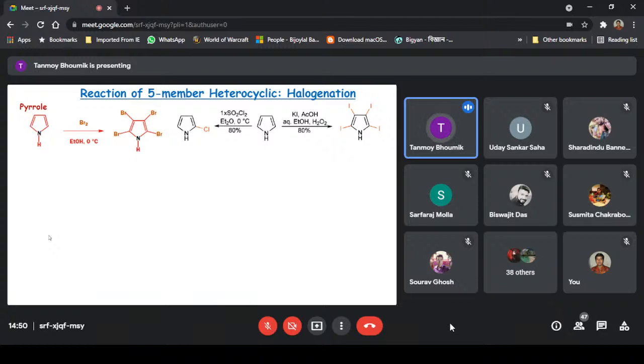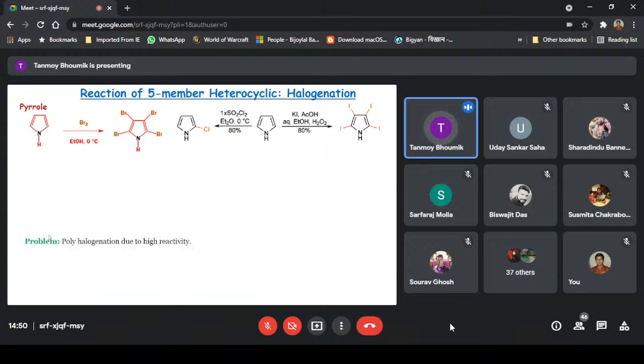Similarly, when doing the iodination of pyrrole, we use iodine and acetone, and you get all types of iodinated products. All 4 carbon atoms have hydrogen replaced with iodine, and this process is called iodination. It happens whenever you use a polar protic solvent.